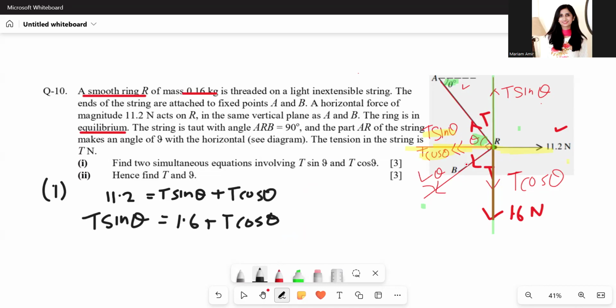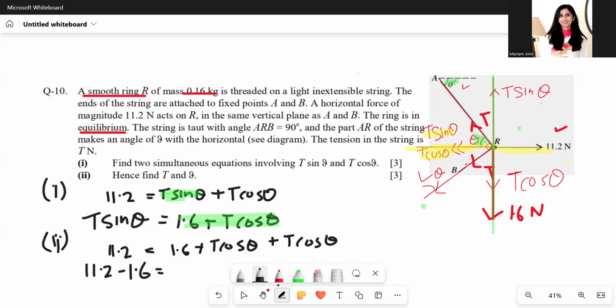Part 2 says hence, meaning using these answers, find the value of T and theta. So I am going to replace T sin theta here with this. We're using substitution. So 11.2 equals 1.6 plus T cos theta plus T cos theta. So 11.2 minus 1.6 equals 2T cos theta.